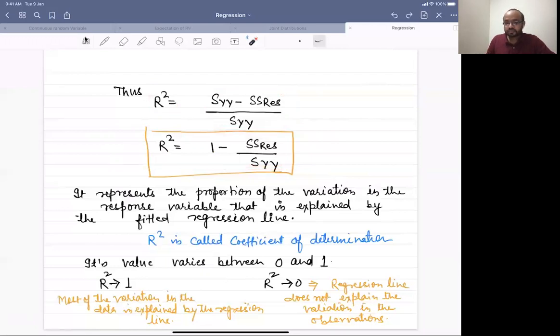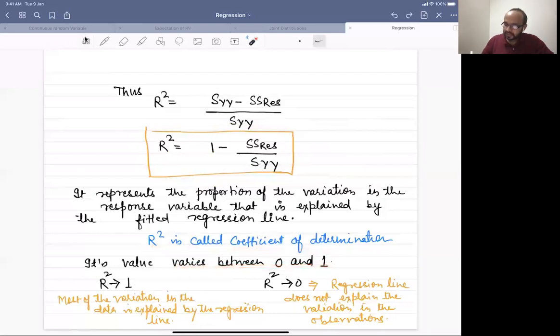So this represents the proportion of the variation. There is total variation, and this quantity represents the proportion of the variation in the response variable that is explained by the fitted regression line. So R square is called the coefficient of determination.